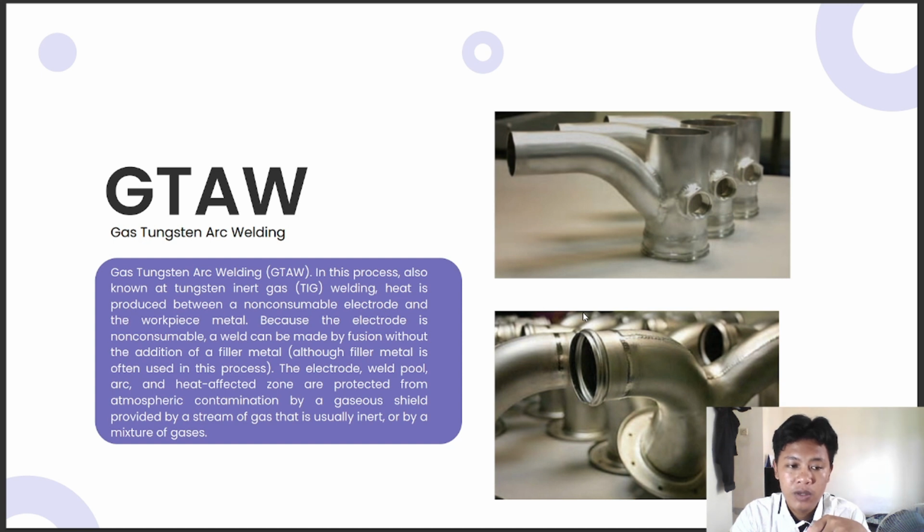The electrode, weld pool, arc, and heat affected zone are protected from atmospheric contamination by a gaseous shield provided by a stream of gas that is usually inert or by a mixture of gases. So, GTAW is usually used on thin workpieces. You can see this picture as an example of GTAW on a thin workpiece.